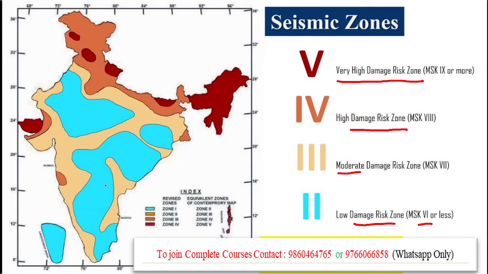So this map will help you catch the zones in the states. There are some other questions that will come: which of the following zones represent these areas? You can get any question like match the following or odd one out.